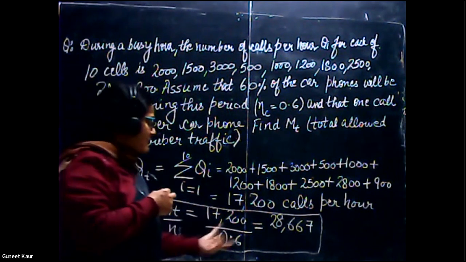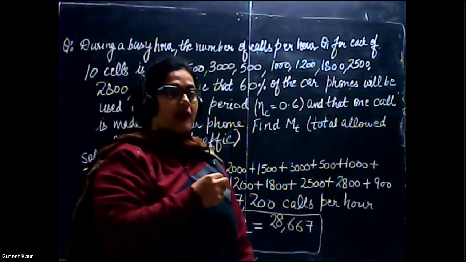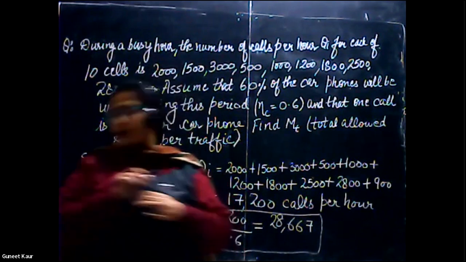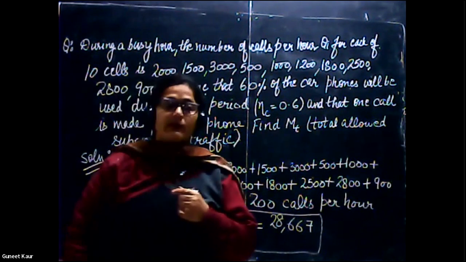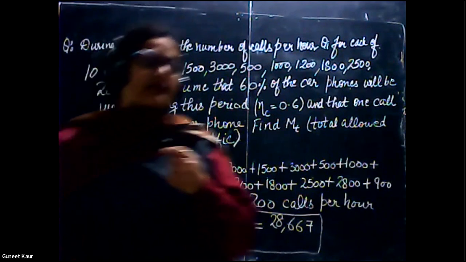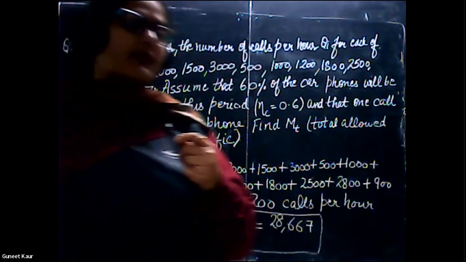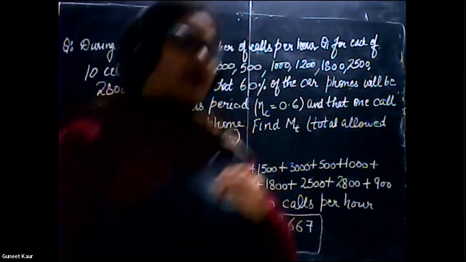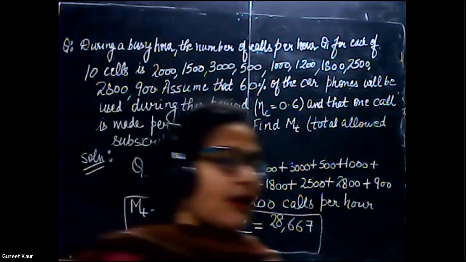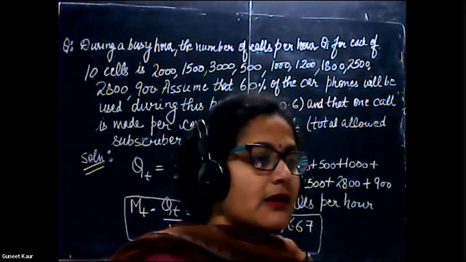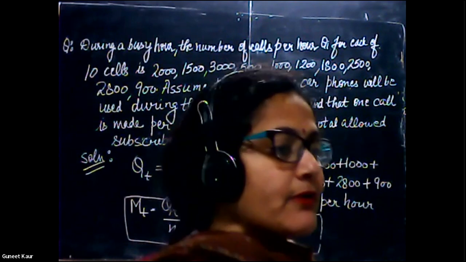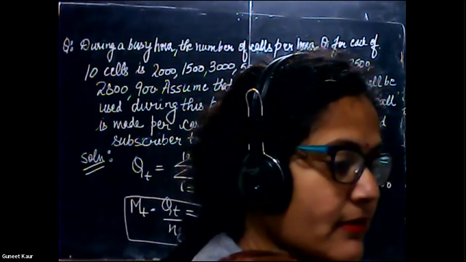After dividing, I get 28,667 customers in the system. This also affects the frequency reuse concept, and from this we can get how many customers can be handled during the busy hour.